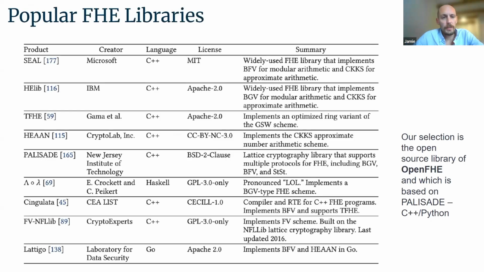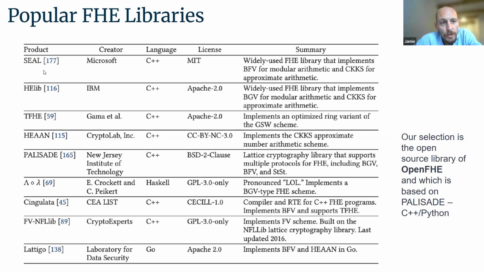And some of the main homomorphic encryption libraries. I don't have experience of all of these, but I've certainly looked at SEAL, HElib, and Palisade, which is what OpenFHE is based on, and which is what we've used and continue to use now.